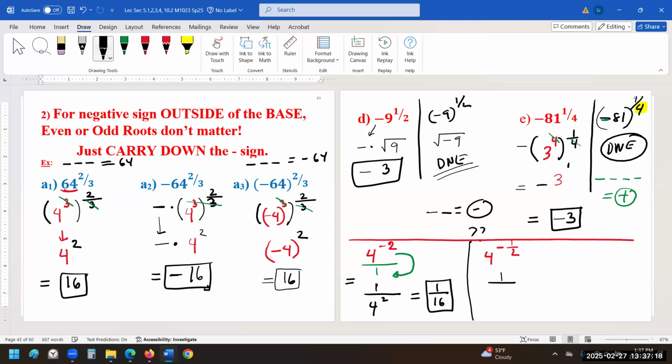So 1 over what? 4 to the power 1/2. But what does 1/2 mean? 1/2 power means square root, right? So this is same as 1 over square root of 4. And what is square root of 4? 2. So it's actually 1/2. A fancy way they are saying 1/2, that is 4 to the -1/2 power.